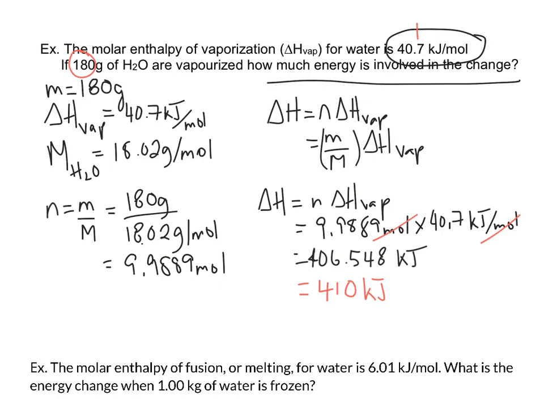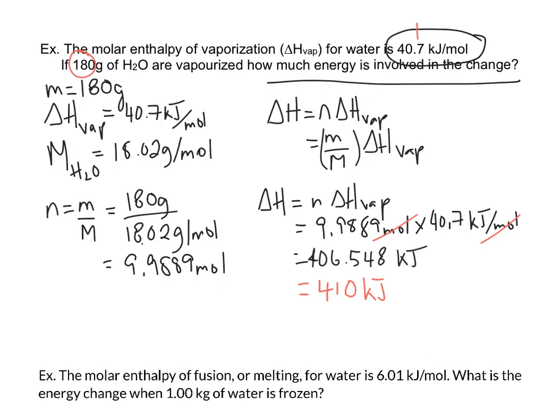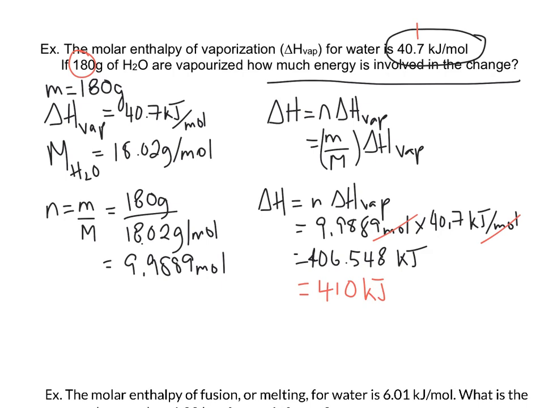For those of you that still like dimensional analysis, you could do this without formulas. We have to find how much energy is involved in the change. So we know we have to find kilojoules. So kilojoules in our final answer, the only ratio we have with kilojoules is our molar enthalpy, kilojoules per mole.